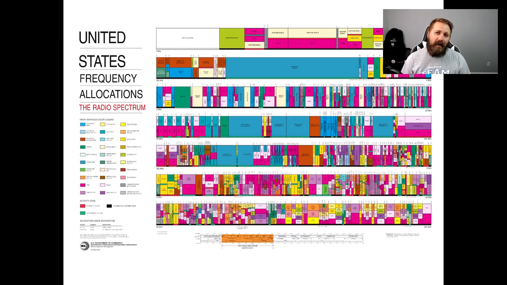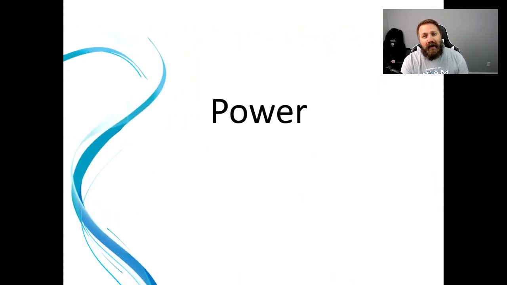You'll start to realize why frequency is such a valuable asset in our industry. Most of this is United States government allocation, but it's worth a look. So go look up the United States frequency allocation chart and have fun with that one.